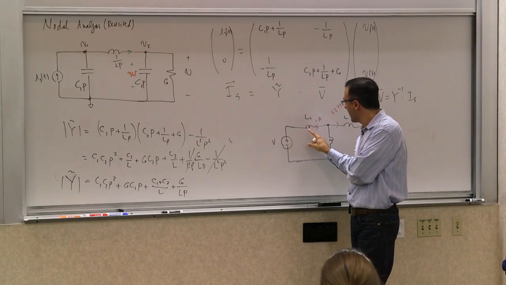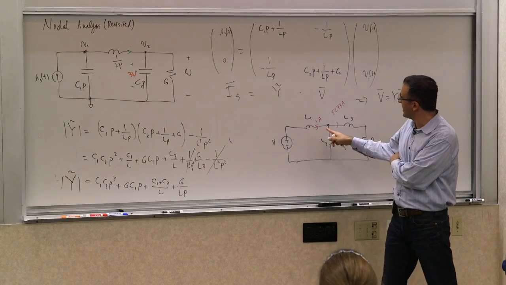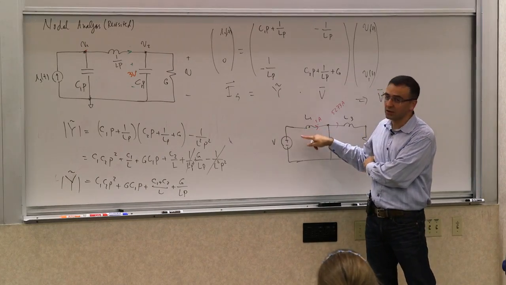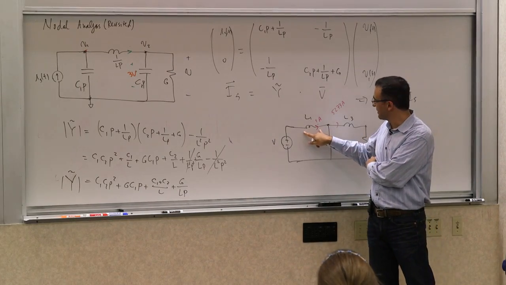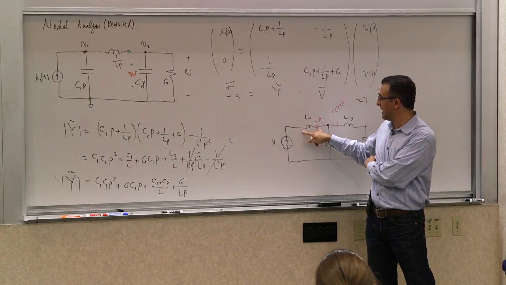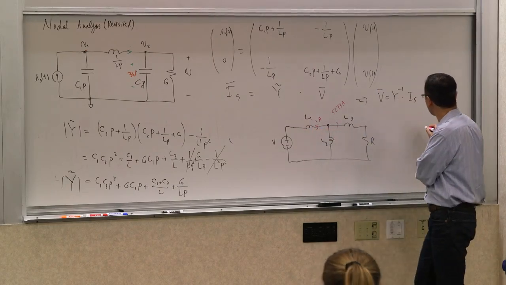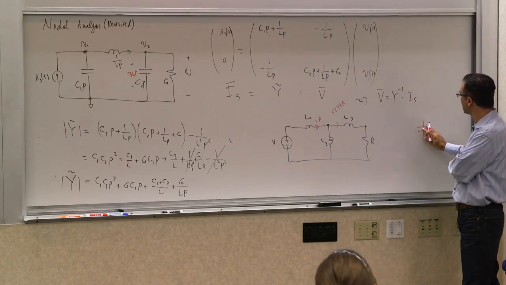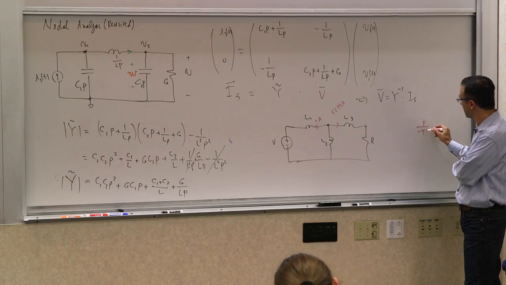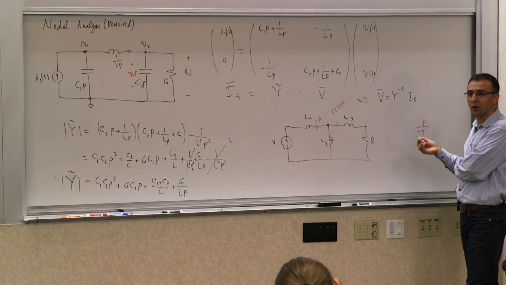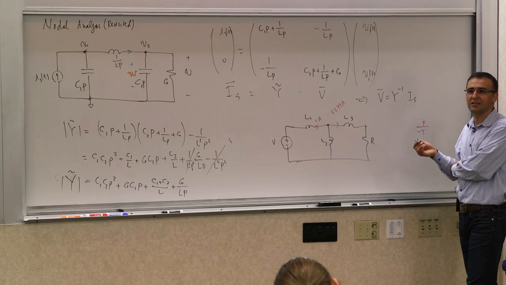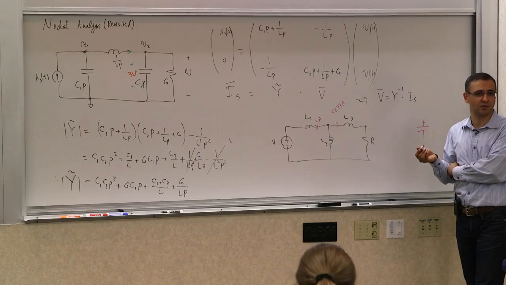If you know the voltage here, it doesn't necessarily mean that you know the current. This voltage can be any value independent of the current. The same thing for a capacitor, the opposite. If I tell you what the current through this capacitor is, I haven't told you its voltage, just the rate of change of voltage.